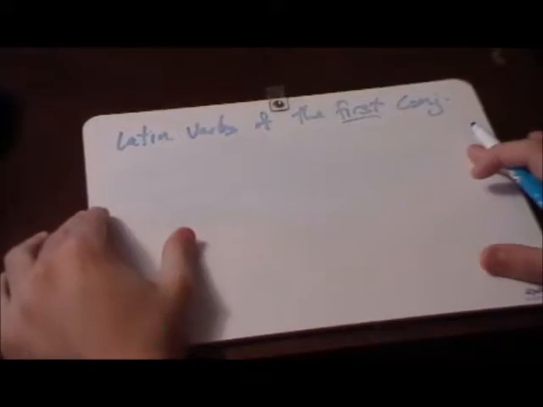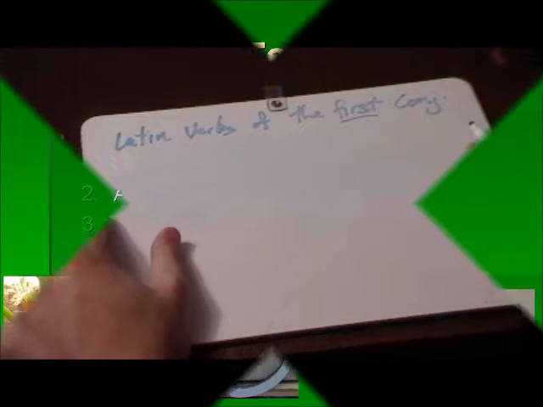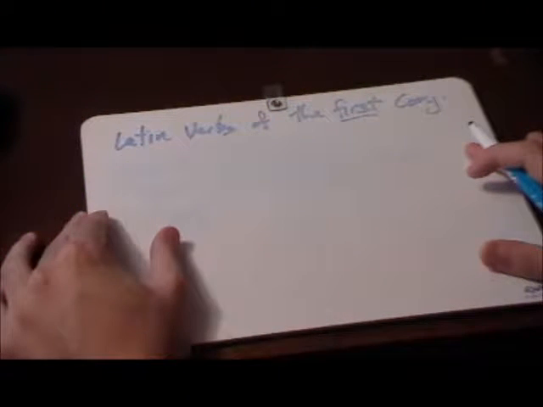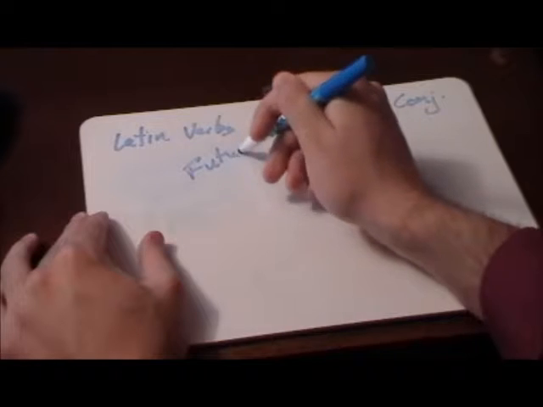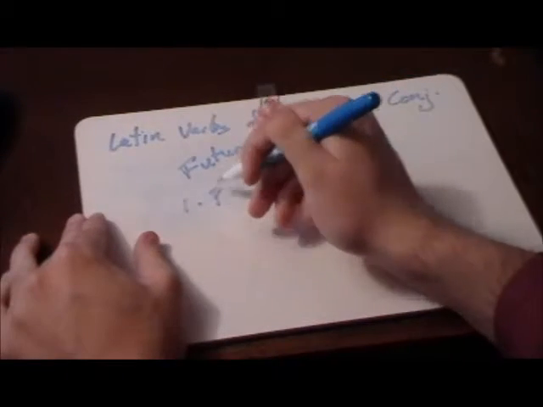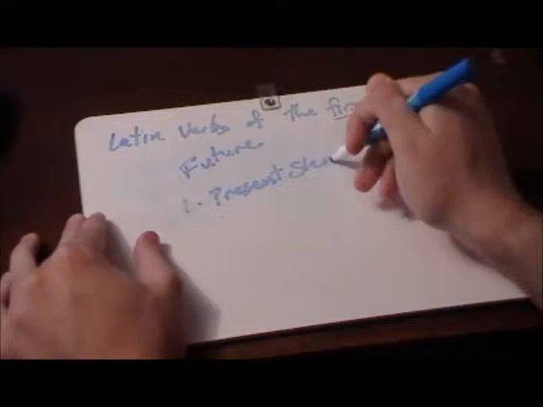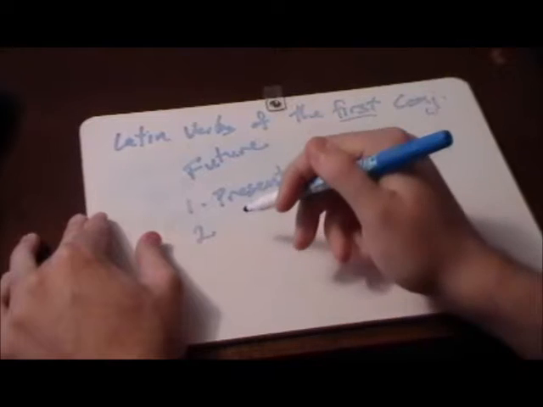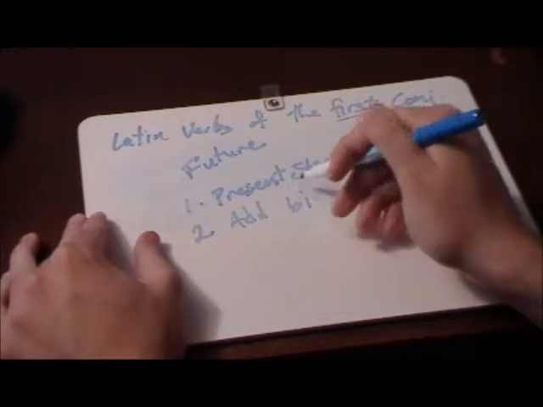To form the future tense, there are three rules. They should look very familiar because they're almost identical to the imperfect tense. Step 1 is to find the present stem. Step 2 is to add a BI.